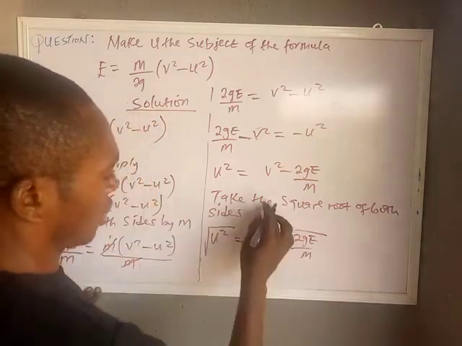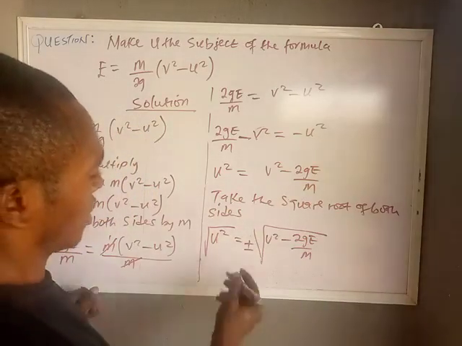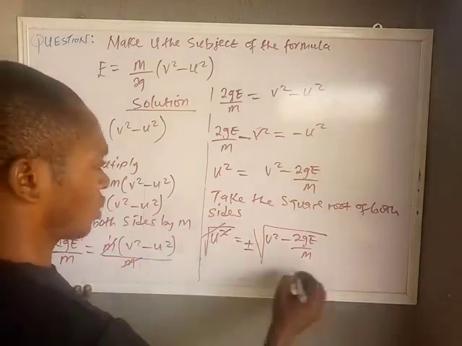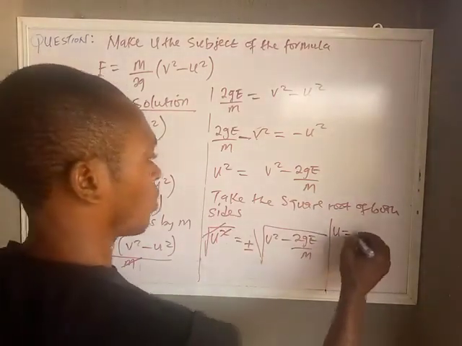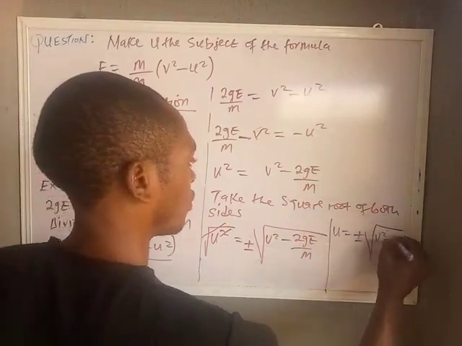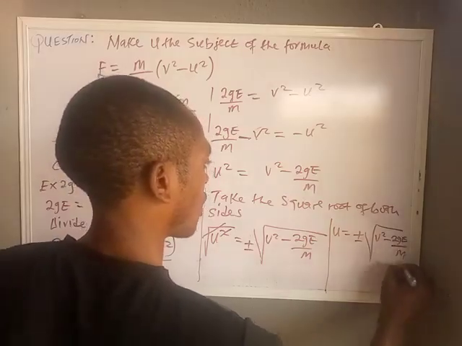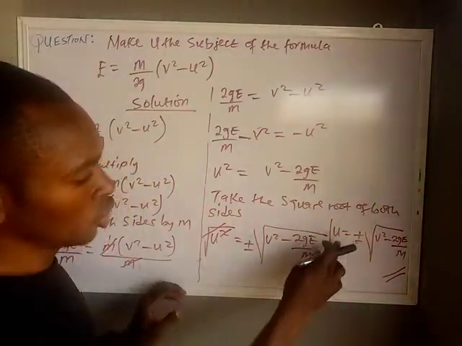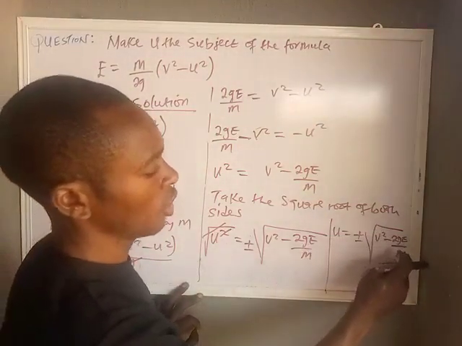Now this is going to be plus or minus this. So now this square will cancel the square root. This becomes u equals plus or minus square root of v squared minus 2ge over m. So this is the answer to this question. It is u equals plus or minus the square root of v squared minus 2ge over m.